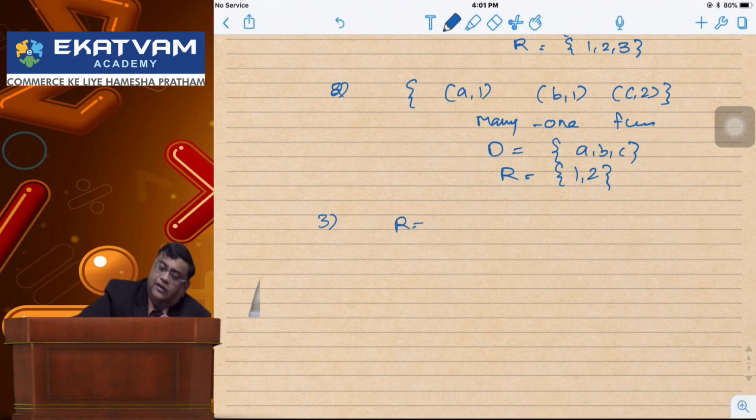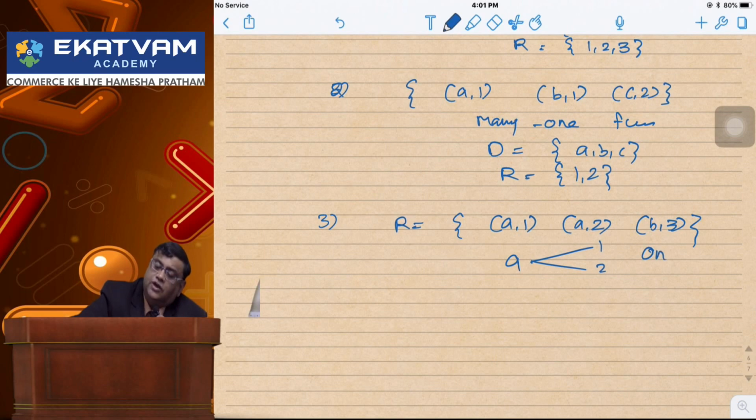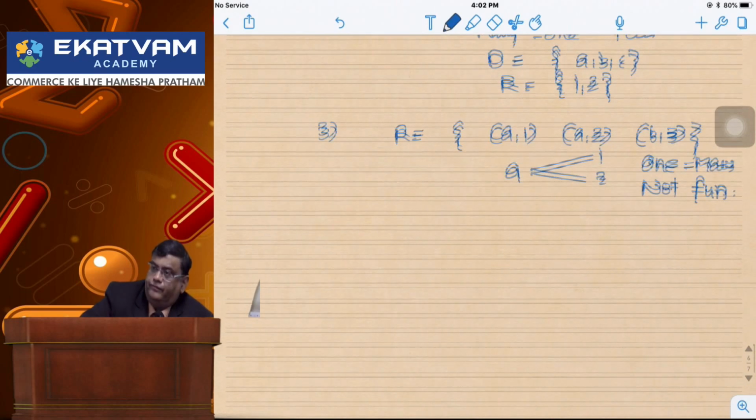If I say that the relation is A to 1, A to 2, B to 3, then remember what happens here: A is related to 1 and 2. So it's 1-many, and therefore this is not a function. This is not a mapping at all.